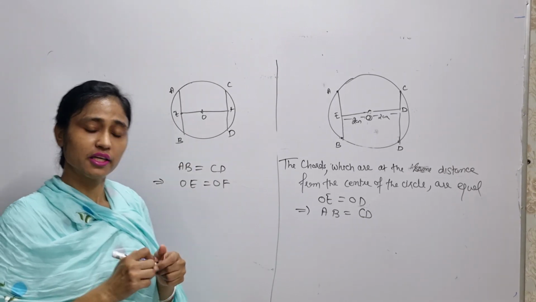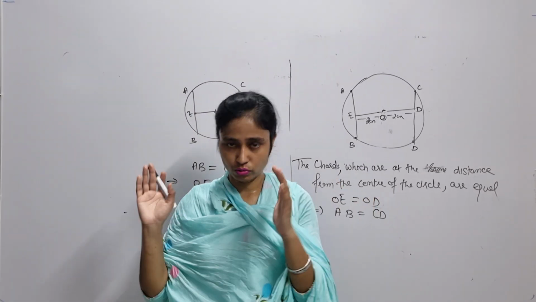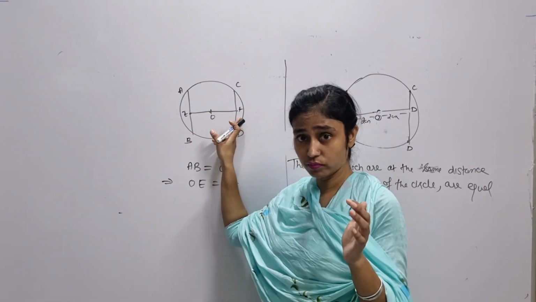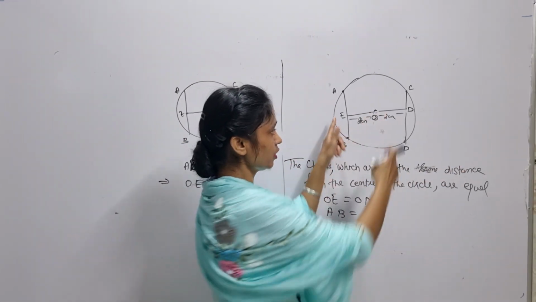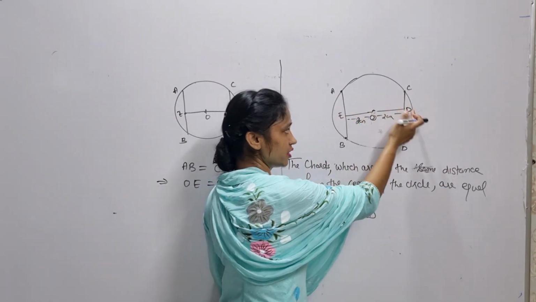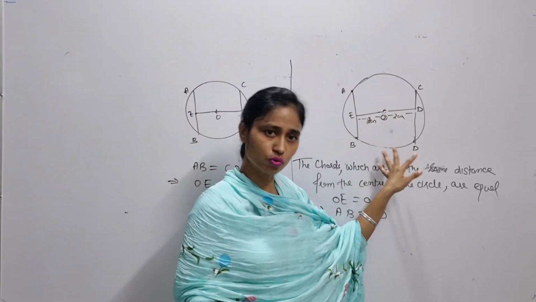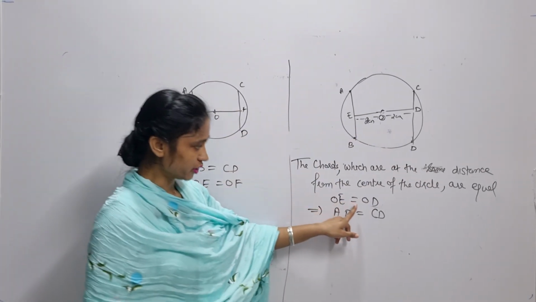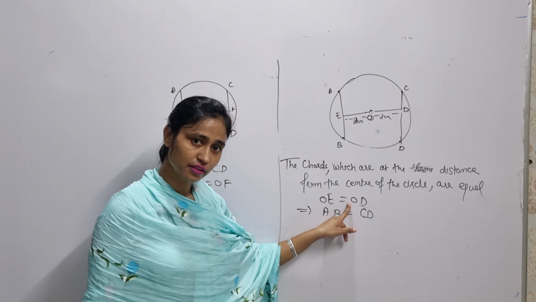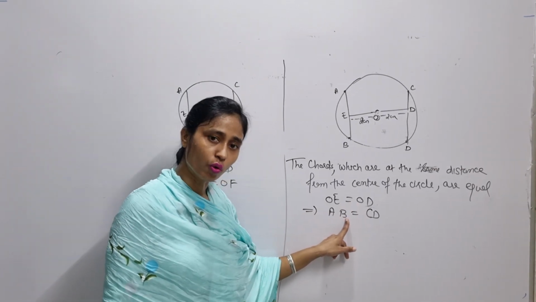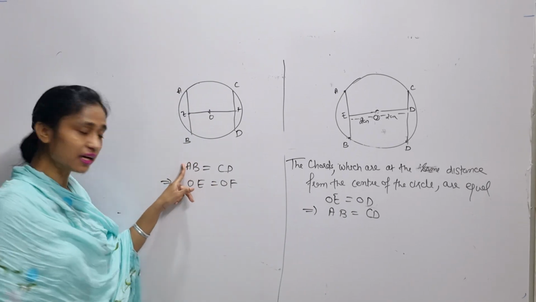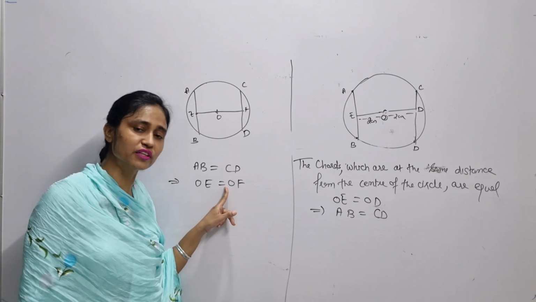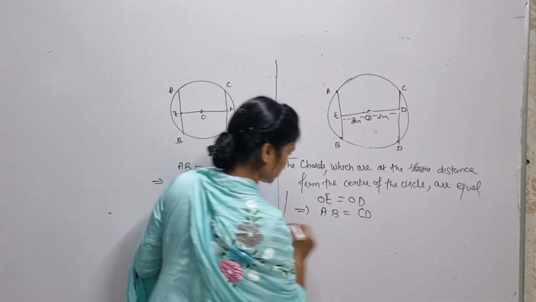If the chords are equal, those two chords are at the same distance from the center of the circle, and if the two chords are at the same distance from the center, then those two chords will be equal. One is the converse of the other.